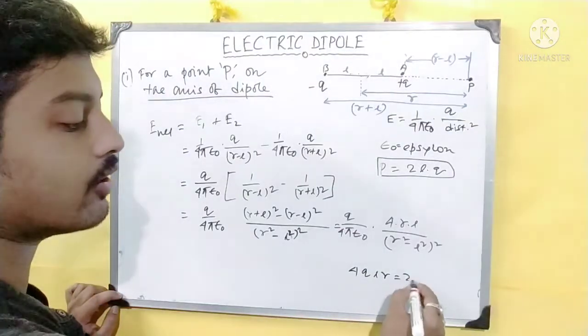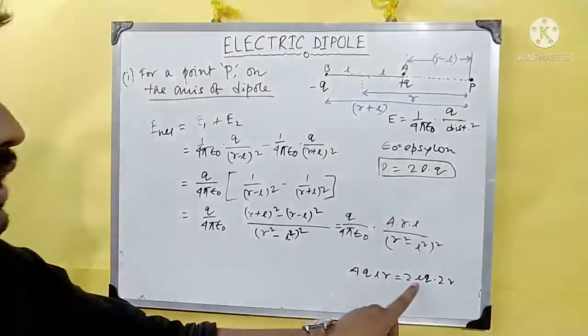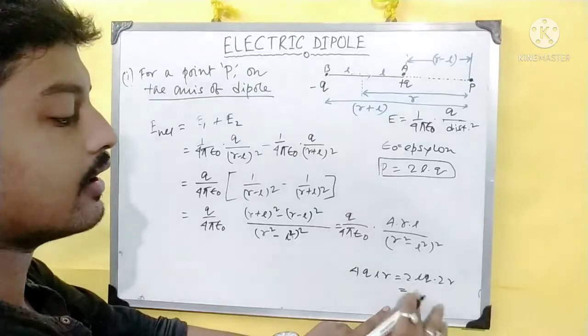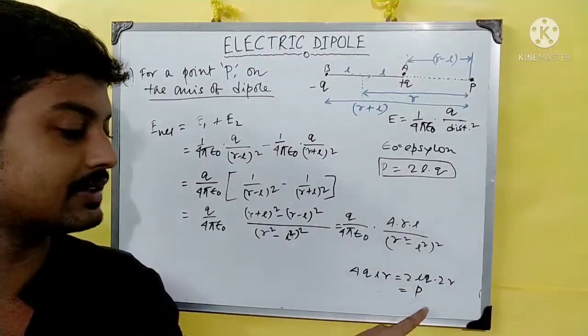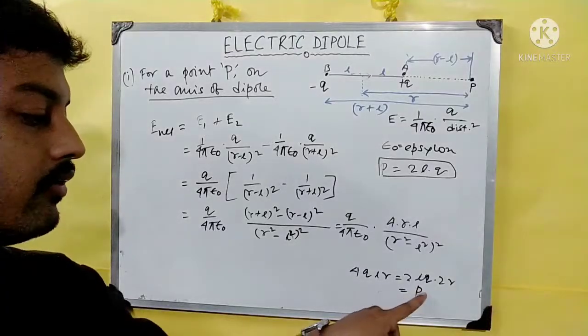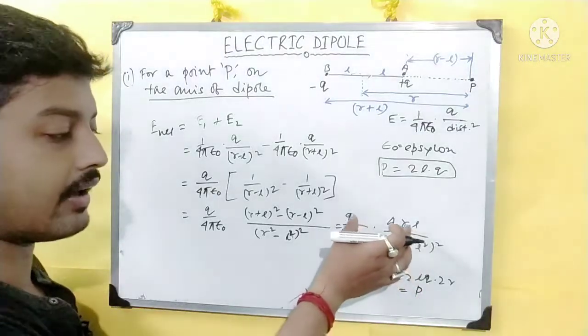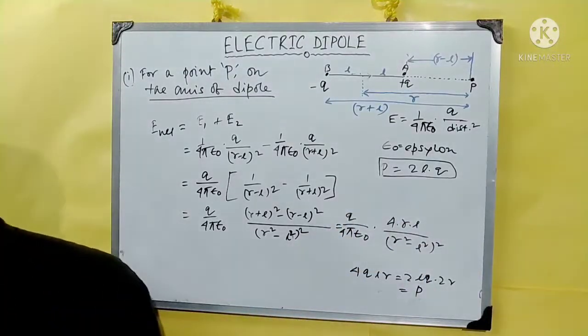We can divide it into 2qL into 2r, isn't it? And this 2qL will become p, the electric dipole expression. This is the expression for electric dipole, which is 2qL. So we can write 2pr in the place of the numerator.